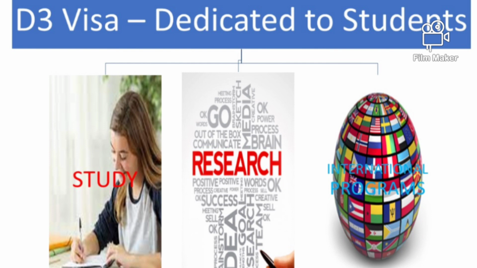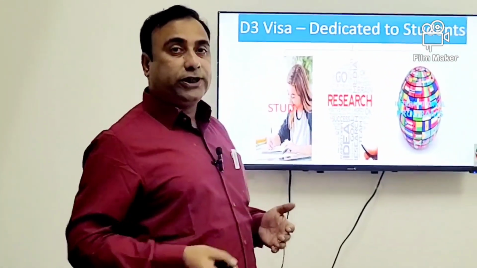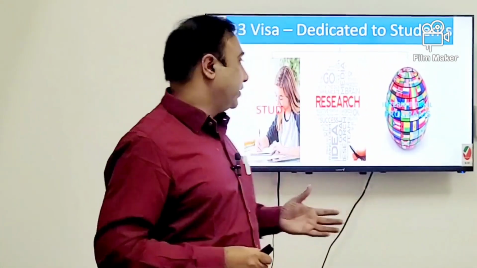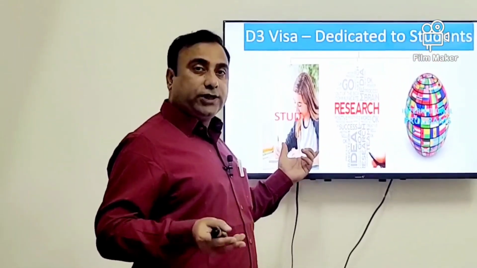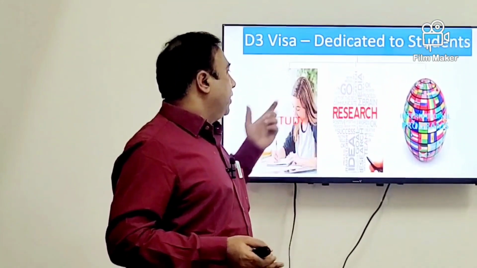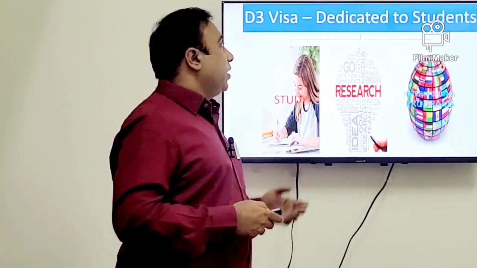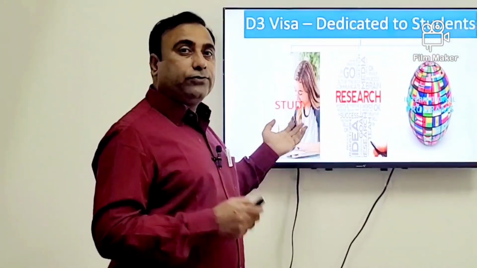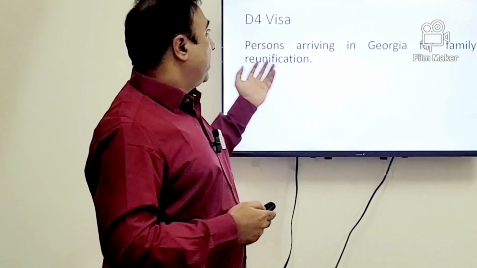Research, as you all know, means that after a certain education you need to have the guarantee, the opening, the opportunity for research. Then study, which means general education. So the D3 visa is dedicated for study, research and international programs. This is the one we have to take, dedicated for the students.